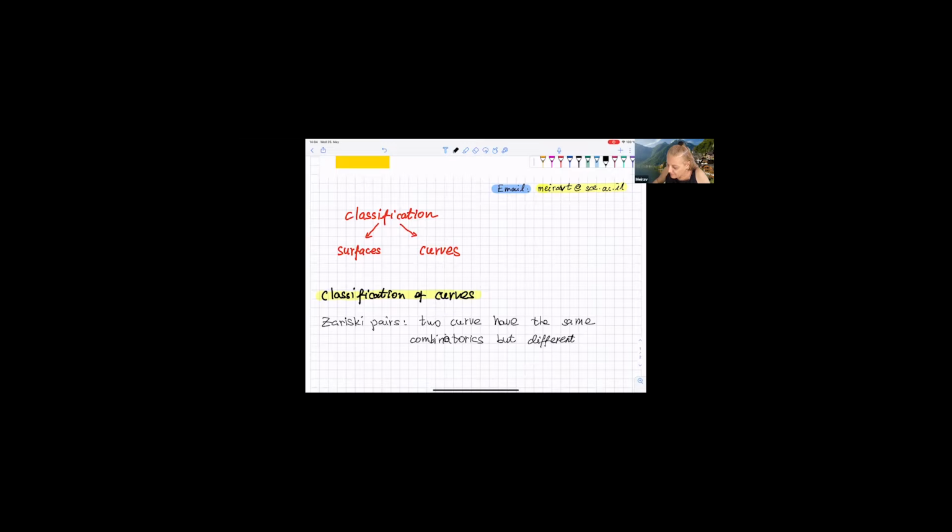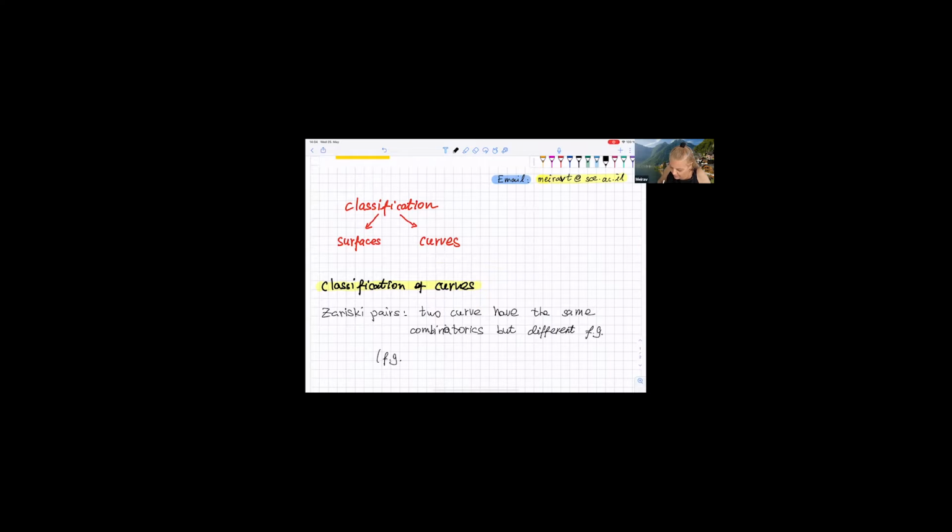When I say a fundamental group, FG along the top, I mean fundamental group. Please just remember this. And fundamental group for curves, it means the fundamental groups of the complements of the curves in CP square, for example, let's say.